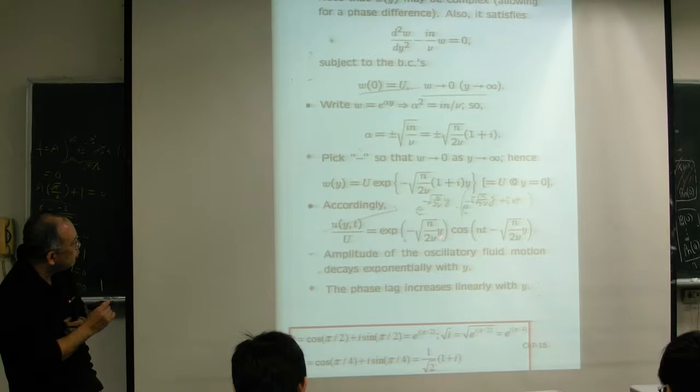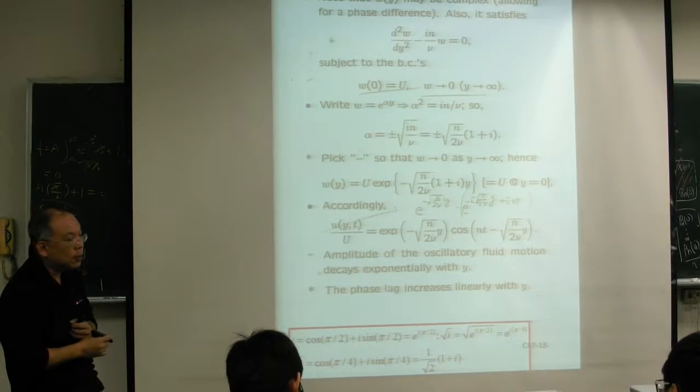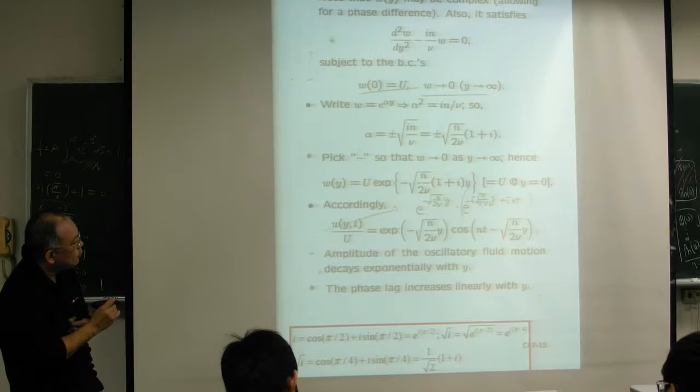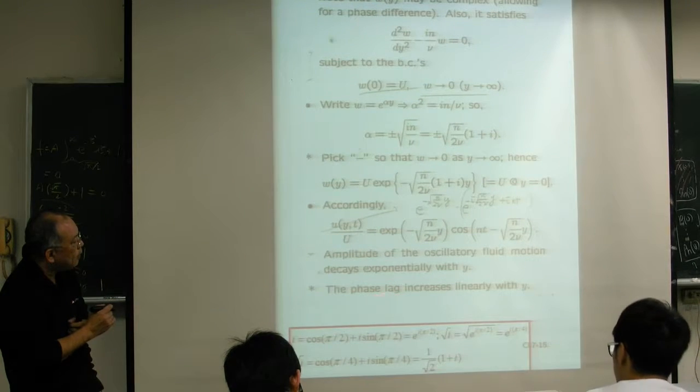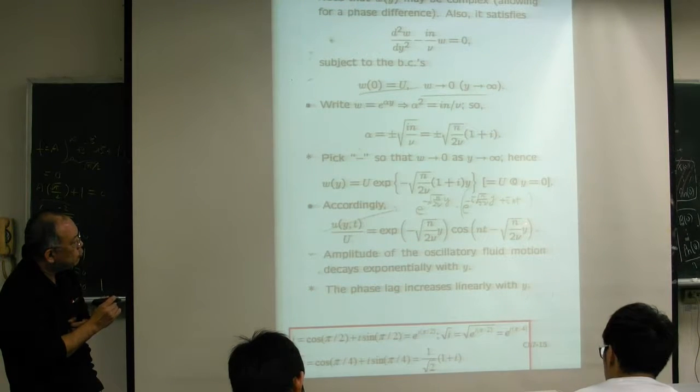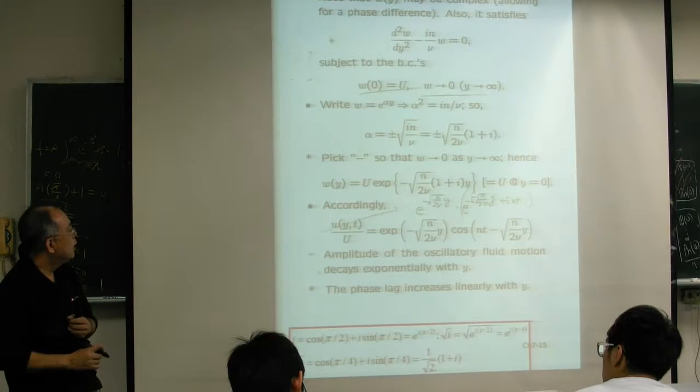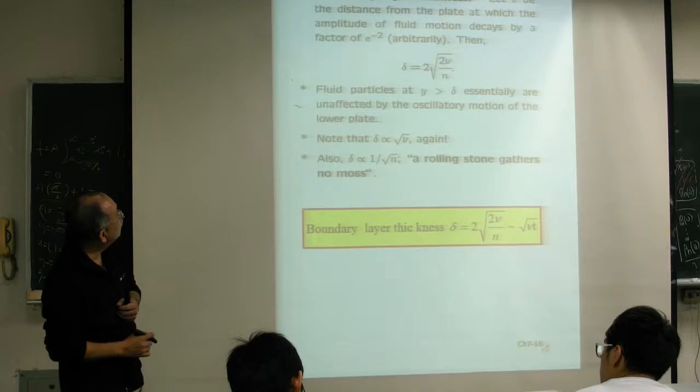Then according to time, as you can see, cosine of nt minus square root of n over 2 mu times y. Here is our phase lag. The phase lag also changes with y, and that gives you the oscillation.